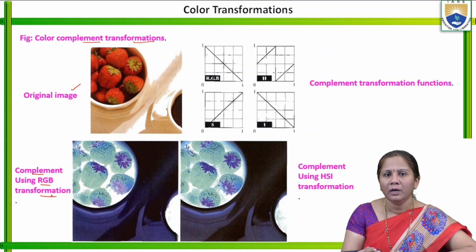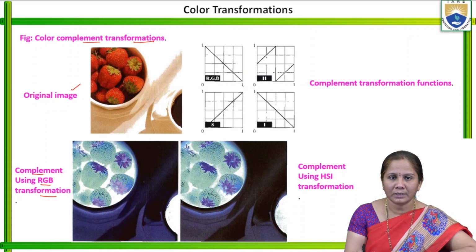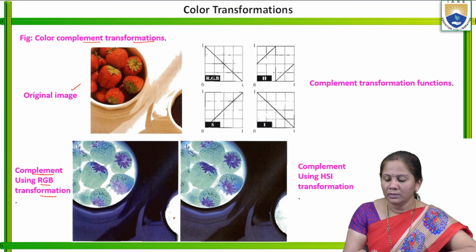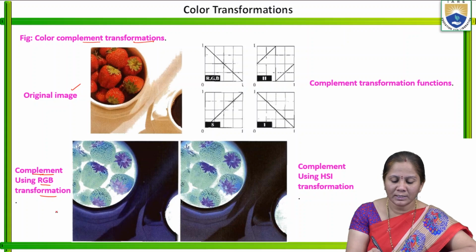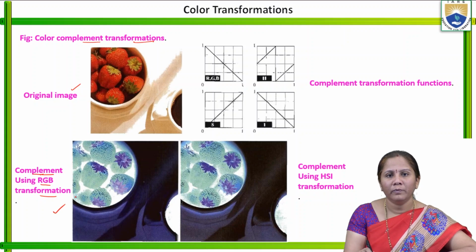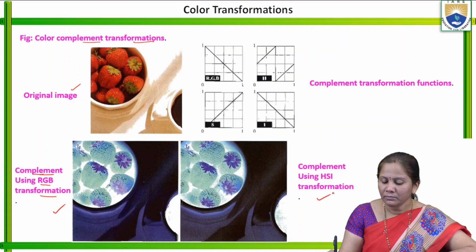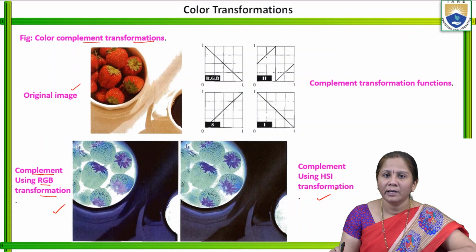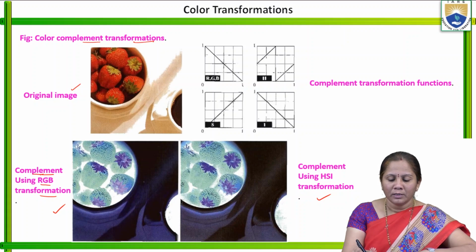Previously we have seen the RGB color circle. After applying this color complement, the original image is changed like this. So this is the complemented image when RGB transformation is applied, and this is the color complement image when HSI transformation is applied.